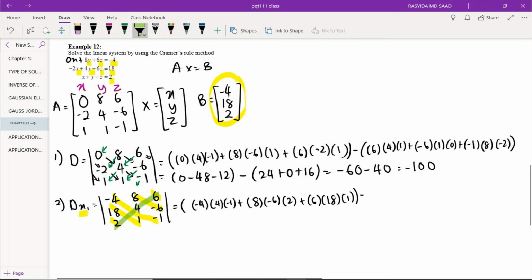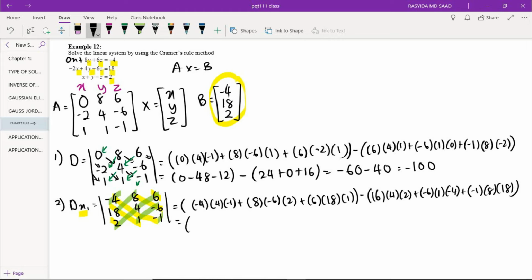Okay, this to this and this to this. So it will be 6 times 4 times 2 plus negative 6 times 1 times negative 4 plus negative 1 times 8 times 18. Okay, then just use your calculator.